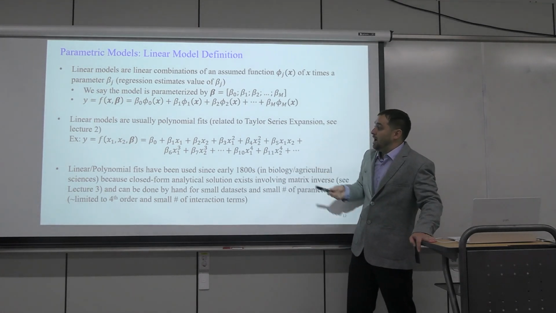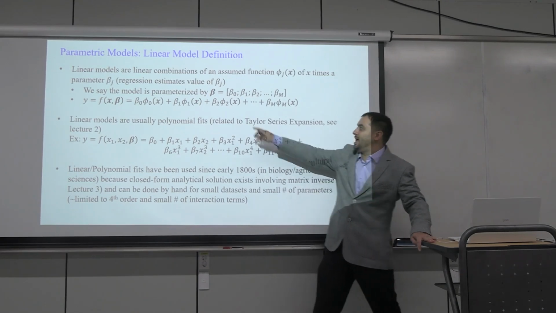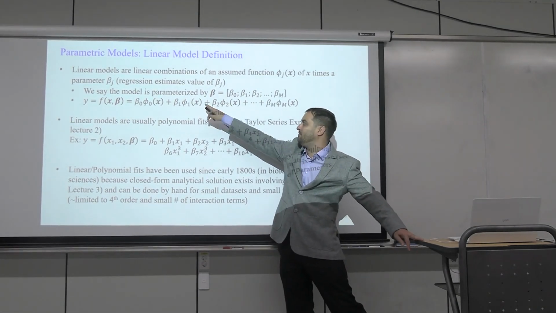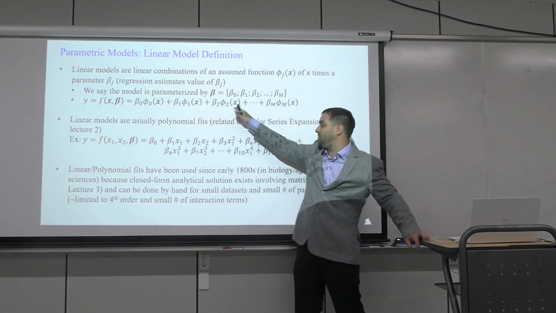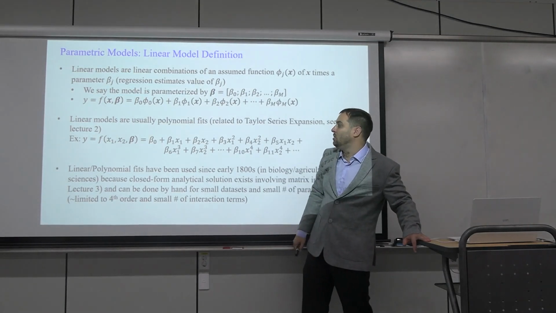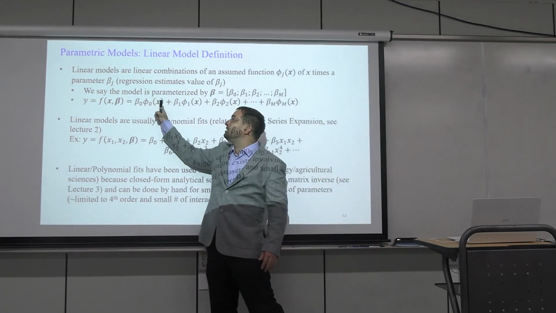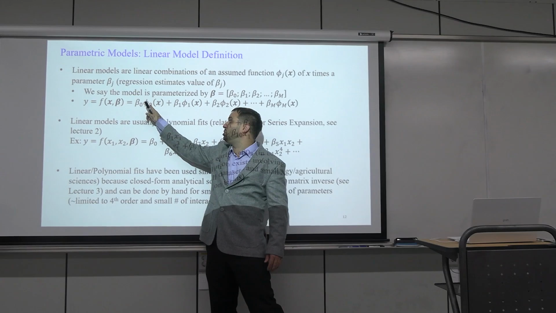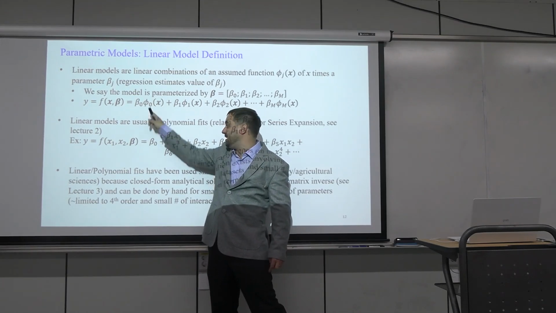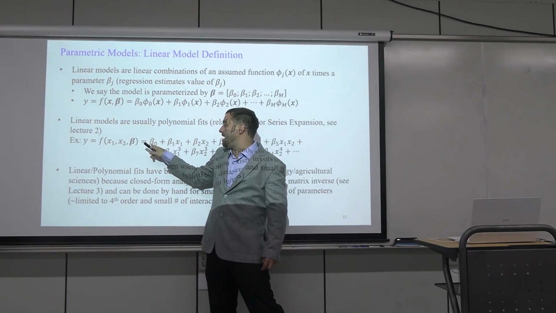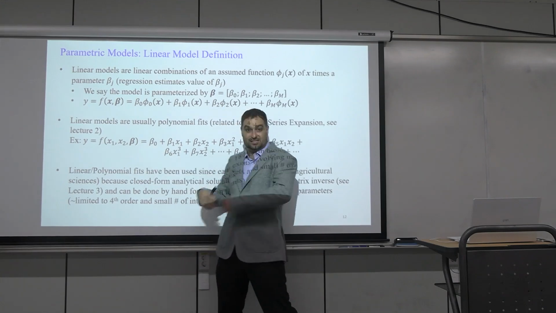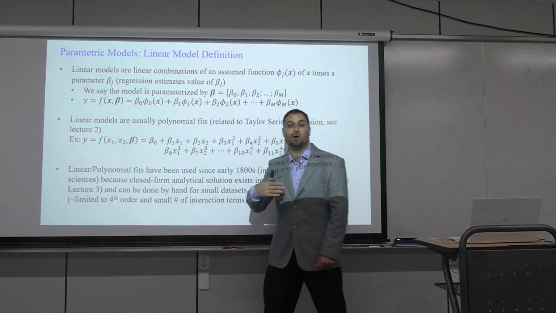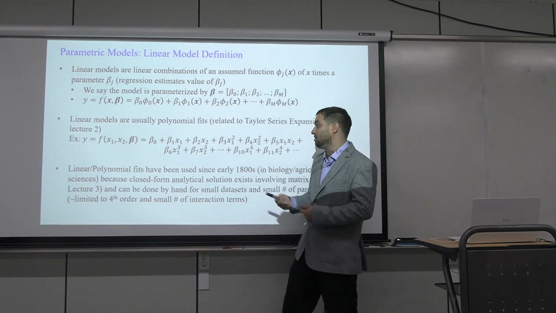We can assume the functional form of phi naught, phi 1, phi 2, etc. And phi naught, in almost all models, you should assume to equal 1. So basically, you have a constant. Beta naught is some constant, similar to a y-intercept in a simple linear model.